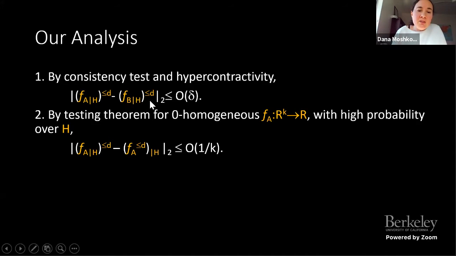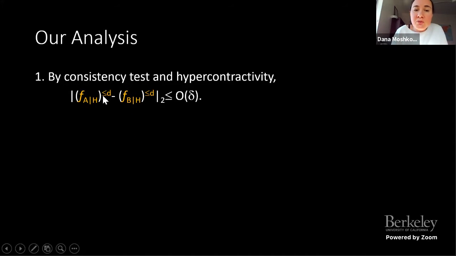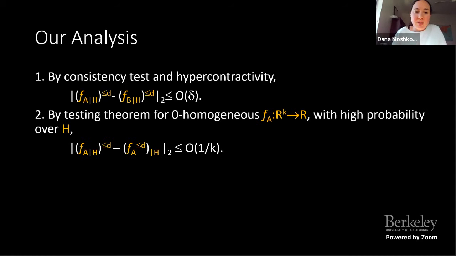Using hypercontractivity, we can show that the low degree parts, where we pick some degree which is a sufficiently large constant, are going to be close in L2 difference up to delta. So this is the first step. This is where we use the consistency on hyperplanes.